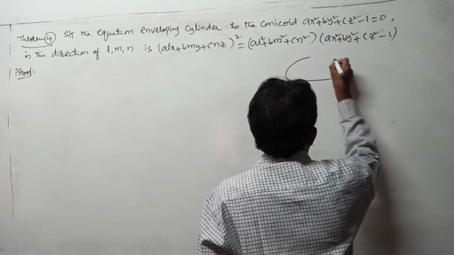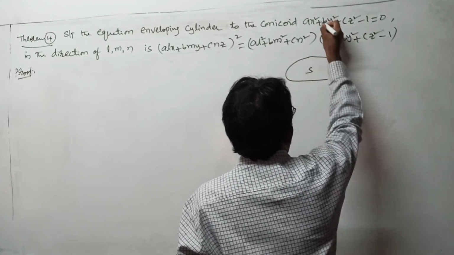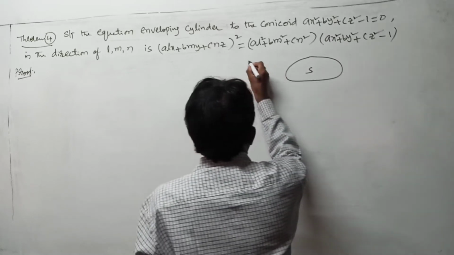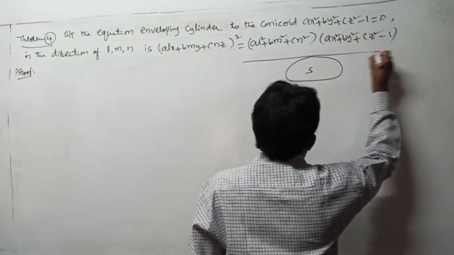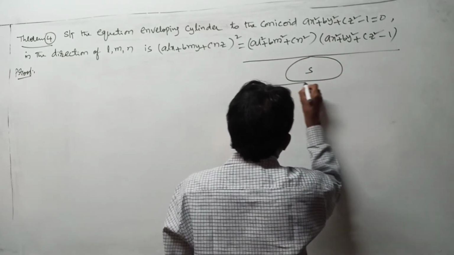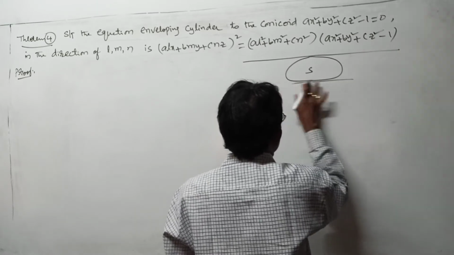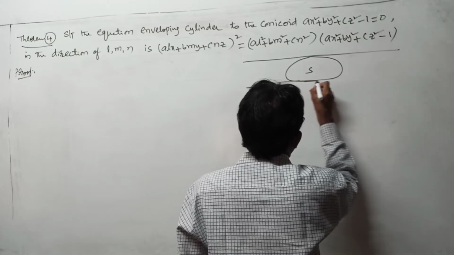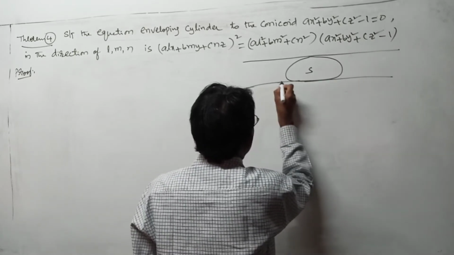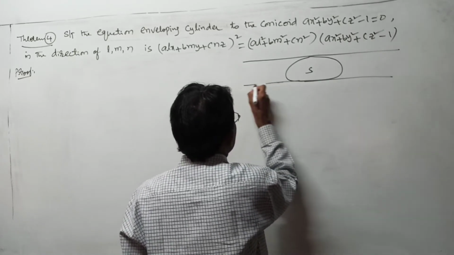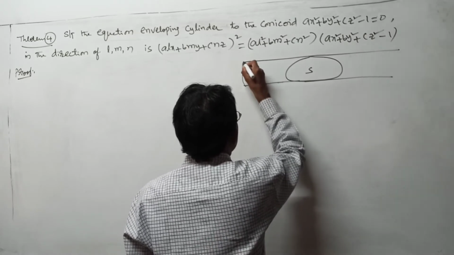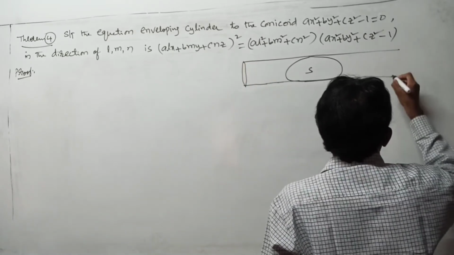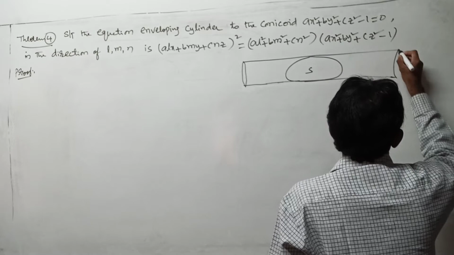This is your conicoid. This is your required cylinder, or you can call it the enveloping cylinder.